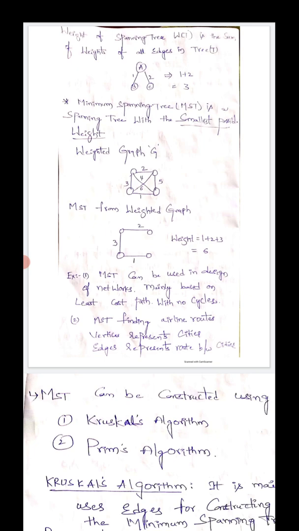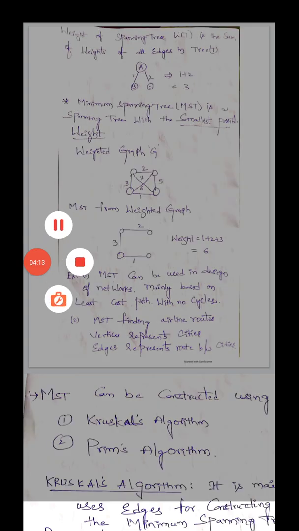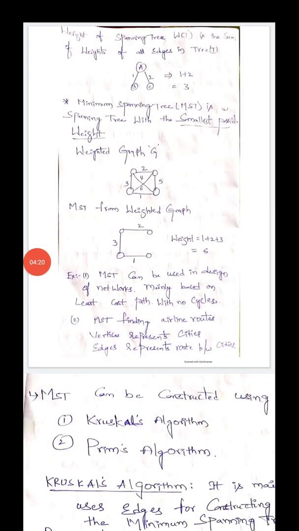An example: a minimum spanning tree can be used in the design of networks. If you need to design a network, you need a minimum spanning tree. It is mainly based on least cost paths with no cycles.